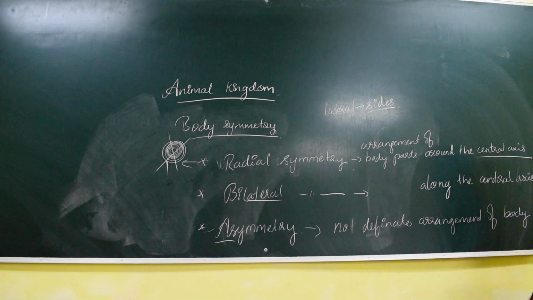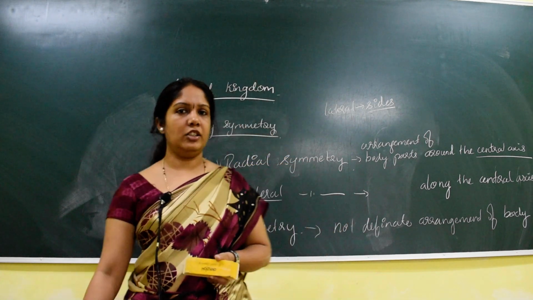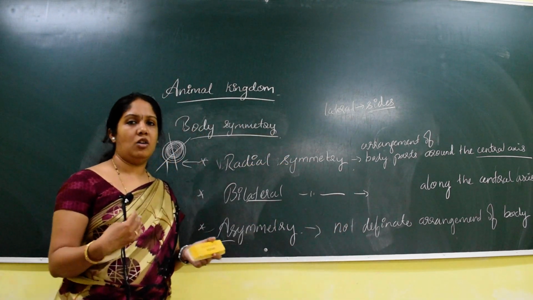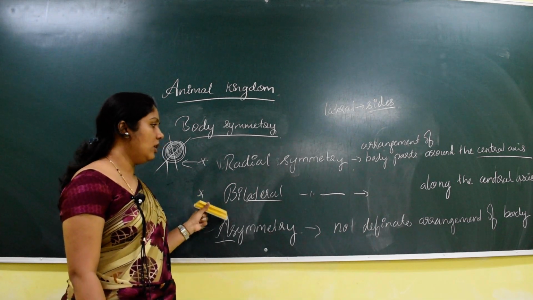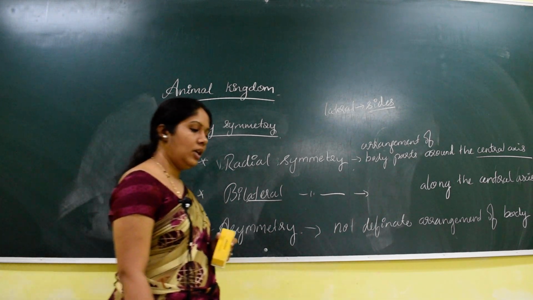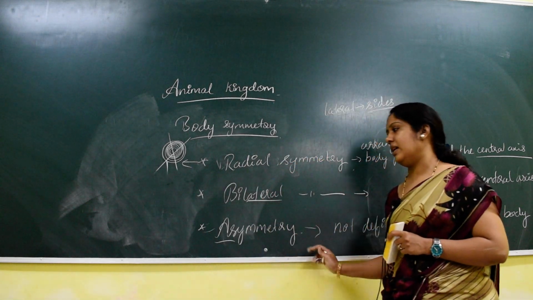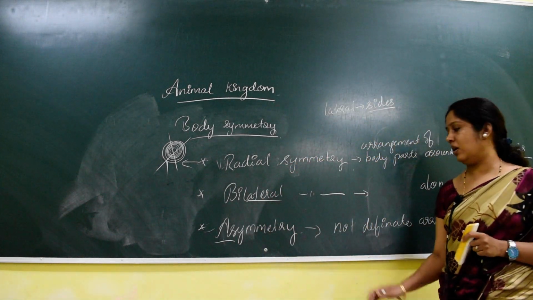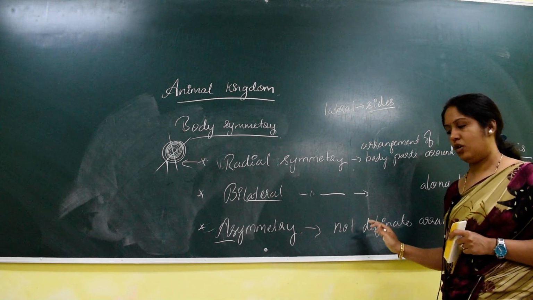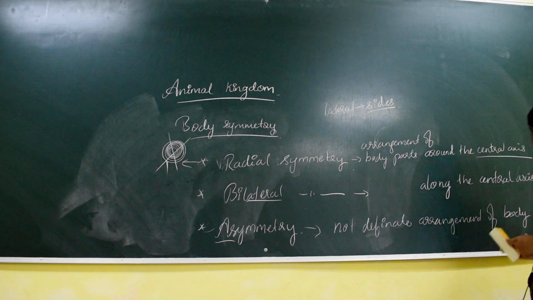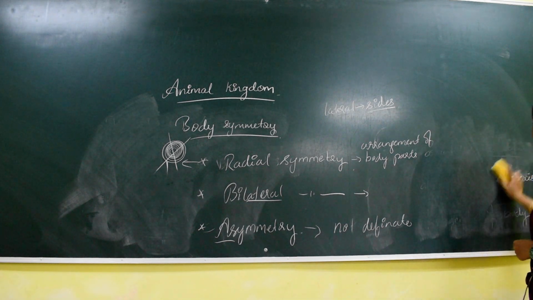Whereas in case of bilaterally symmetrical, the body parts are arranged on either side of the central line or central axis. So here we can cut the organism in one plane to get two equal halves. Next, asymmetrical, the arrangement of body parts here is not proper, or there is no definite arrangement of the body parts. So that is about the symmetry.